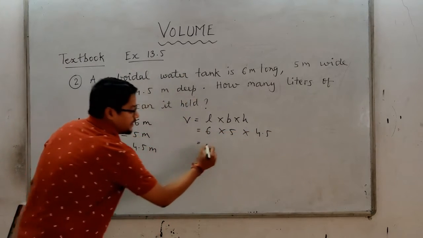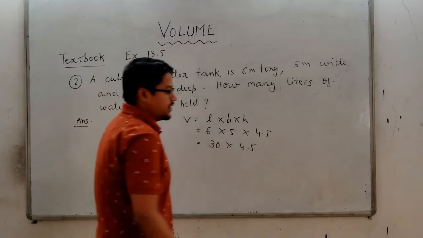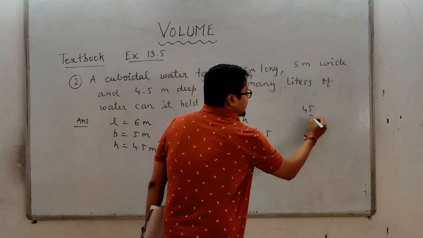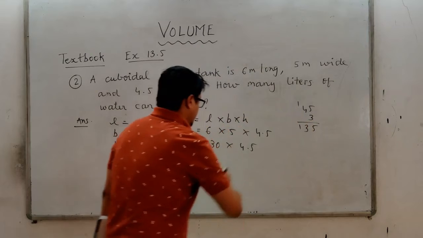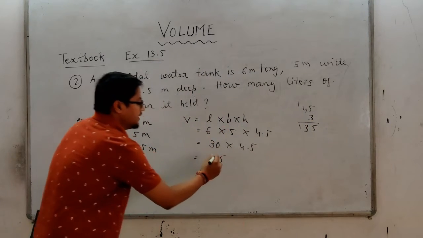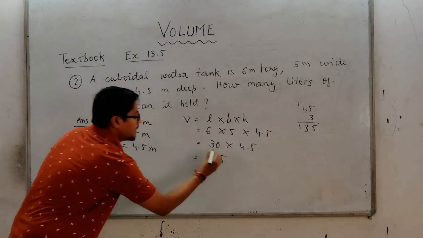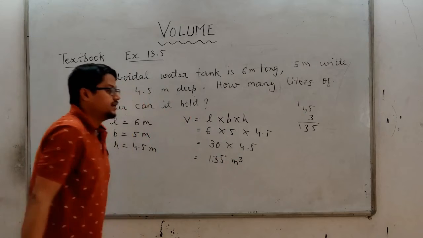Now we all know 5 into 6 is 30. 30 into 4.5, if we are solving in rough, 45 into 3. The answer will be 135, and because the unit is in meters, the answer will be 135 meter cube.